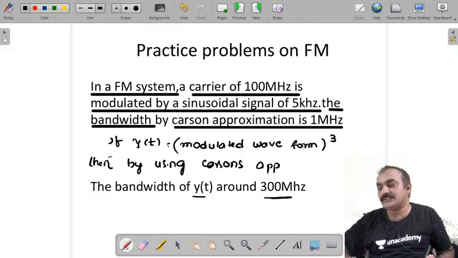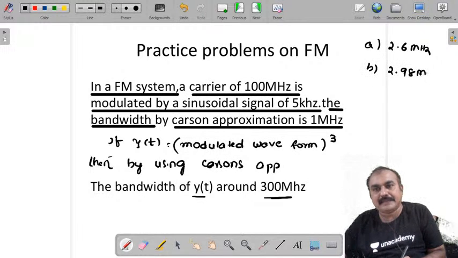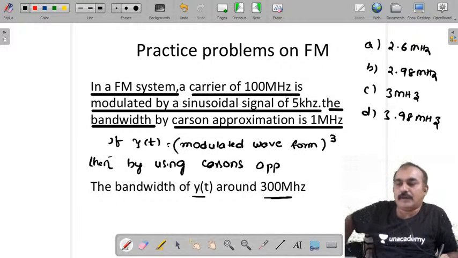He has given the 4 options. Option A is 2.6 megahertz. Option B, 2.98 megahertz. Option C is 3 megahertz. Option D, 3.98 megahertz.